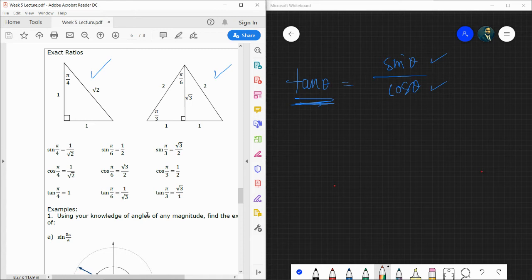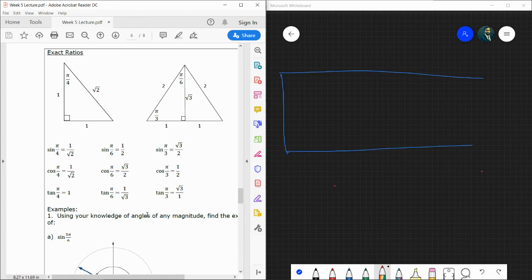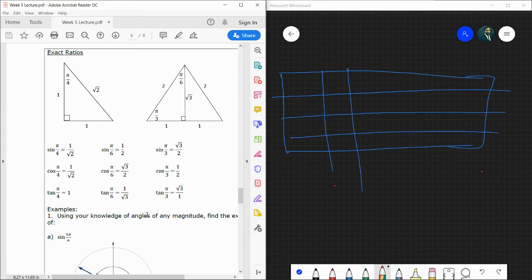Now there's one more thing, which is, once you get all of this out of the way, you should make a table like that with 0 degrees, 30 degrees, 45 degrees, 60 degrees, and 90 degrees.